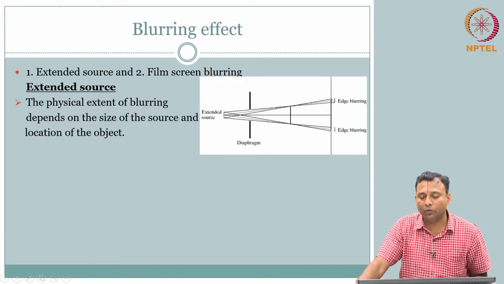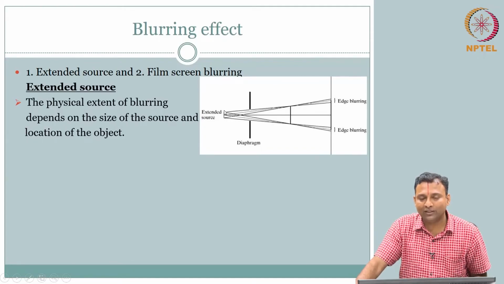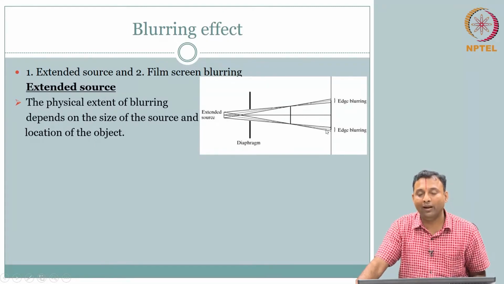So it is uncertain over this region, and this region is dependent on the extent of this source. If this was a point source, you would have had a point here. Now that the source is extended, your object edge is spread over some length. This is called edge blurring.